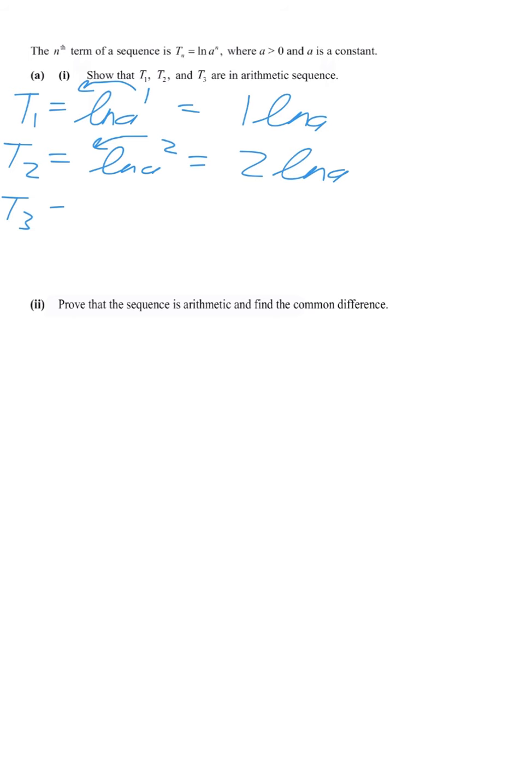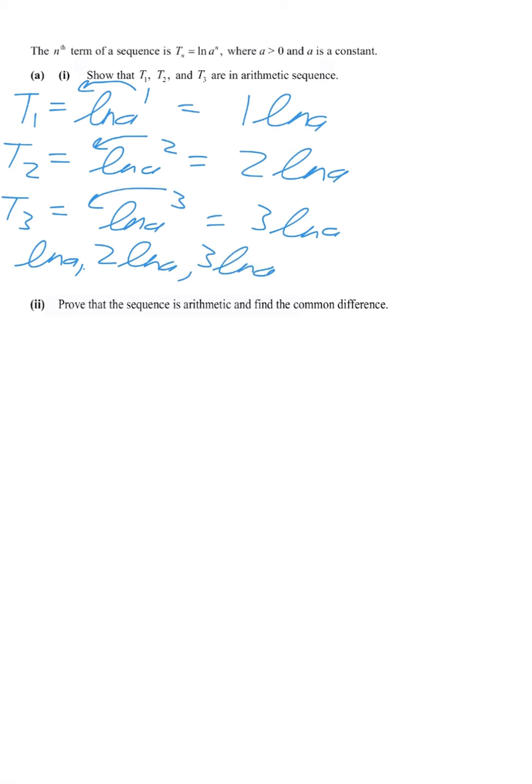Same for the third term, ln a to the power of 3, so we have 3 ln a. So we can see now that our sequence of ln a, 2 ln a, and 3 ln a is an arithmetic sequence with ln a being added every time. So the difference is ln a.